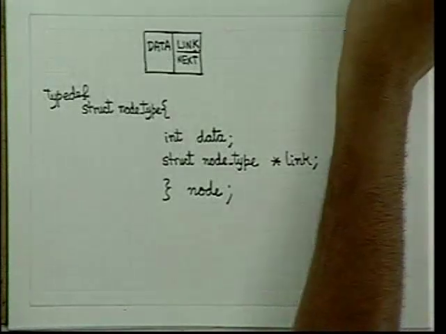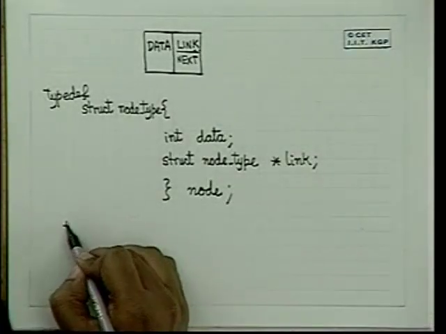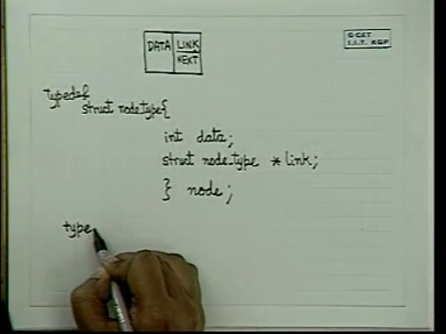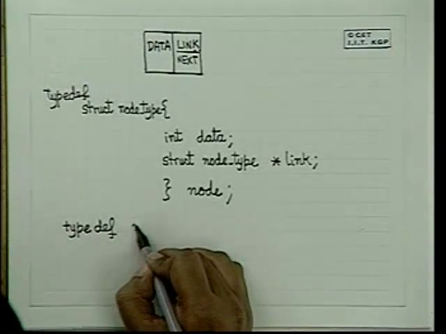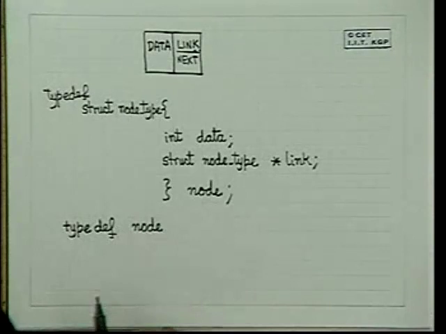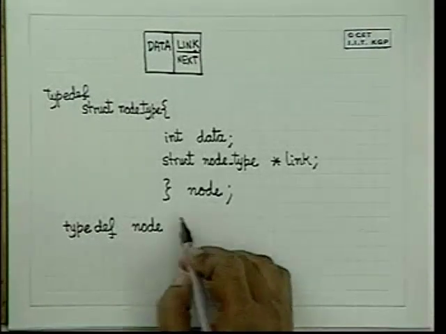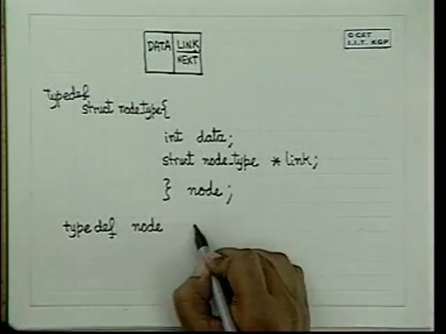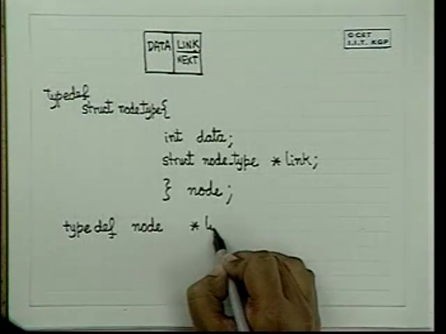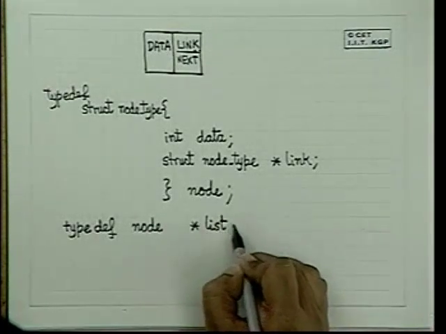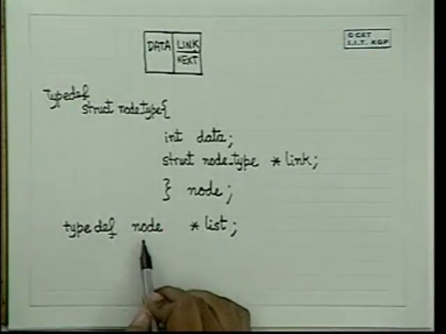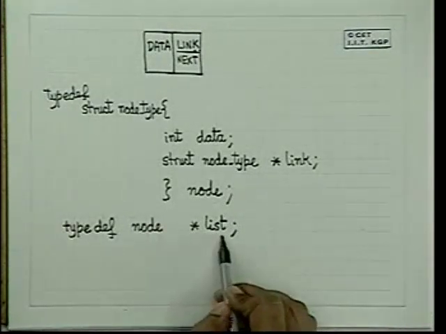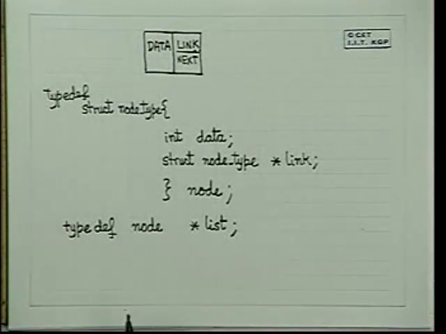So if we define the type definition of a linked list, or if we define a variable also, but let us define the type of a linked list. So our list is a pointer to type node. So this is the type declaration for list.